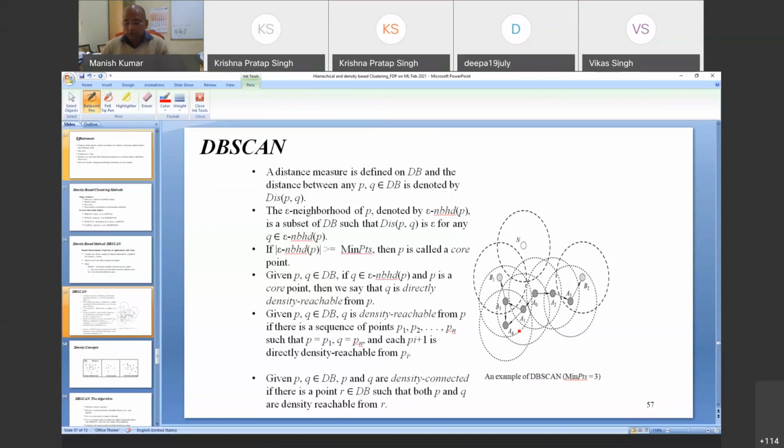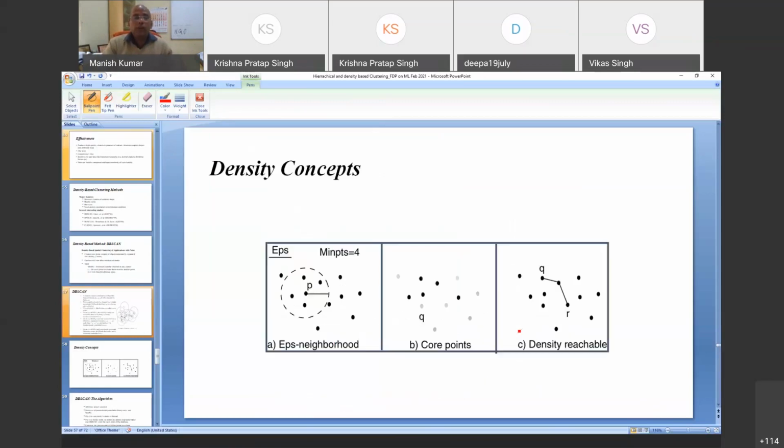So that can be seen like this. Epsilon neighborhood means this is P and say this is Q, then this is within the epsilon neighborhood of P, because this is epsilon and we are fixing minimum points as 4.